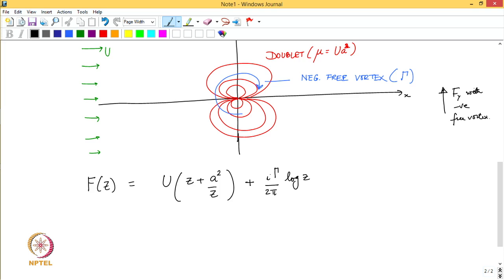Now, I will add a constant to this function, which as you will see is a complex number, to ensure that the surface corresponding to r equal to a gives us a psi 0 streamline.